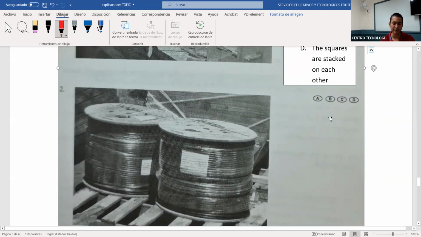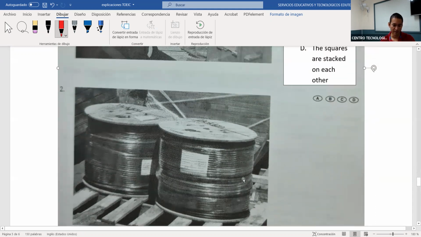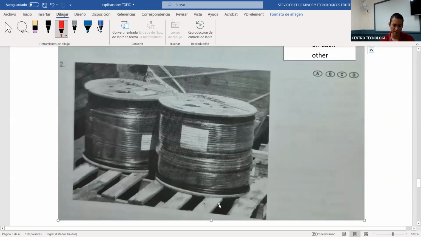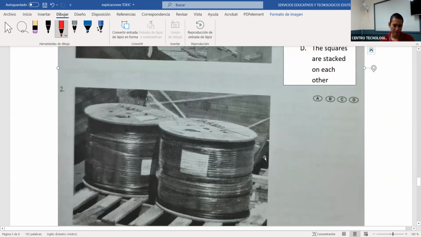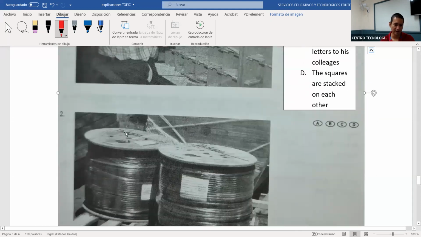Now, identify the elements, the objects, the context in the picture. Well, this is like a wooden platform, I guess. Those are some cables. They look new. What else? I don't see the place, what is in front of them.